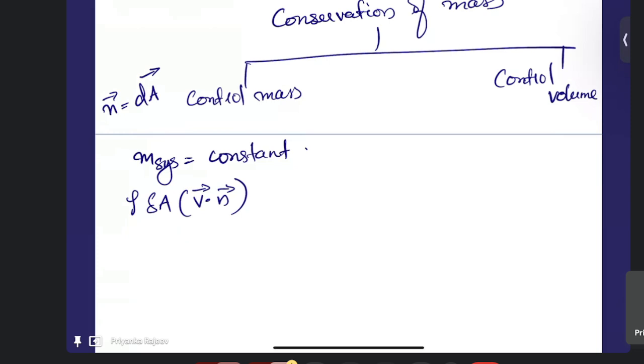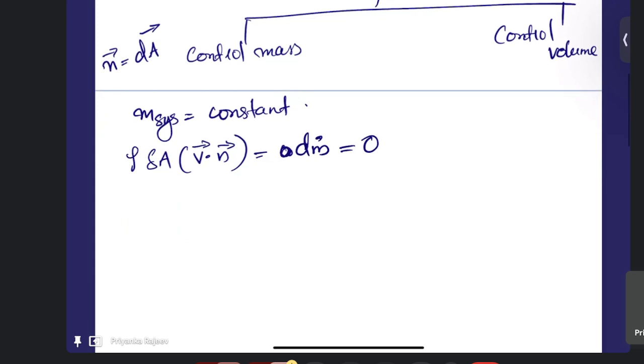That is equal to dm dot, which is equal to 0, right? So dm dot is 0, rho cannot be 0, delta A cannot be 0, so that means V dot n is equal to 0. That is what we can derive from the control mass system.